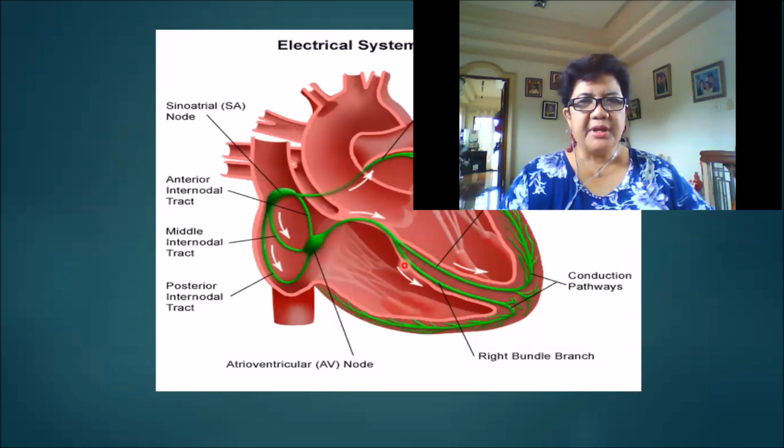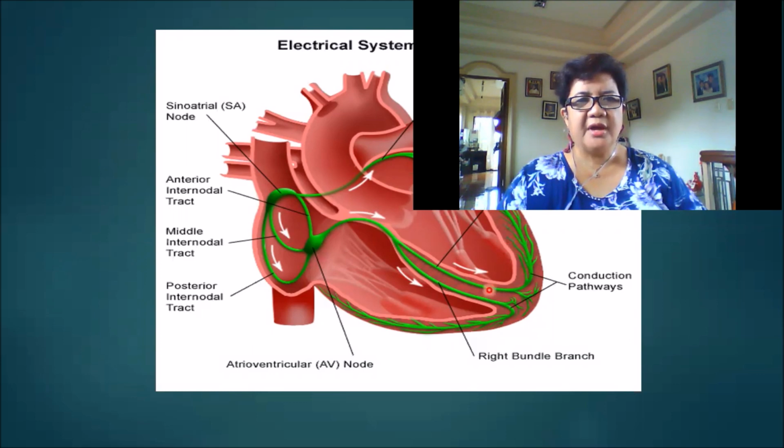Then it will separate into your left bundle branch and the right bundle branch to stimulate the left ventricle, for the left bundle branch, and the right ventricle, for your right bundle branch. Then this bundle branch will give smaller branches and will serve as your conduction pathway.